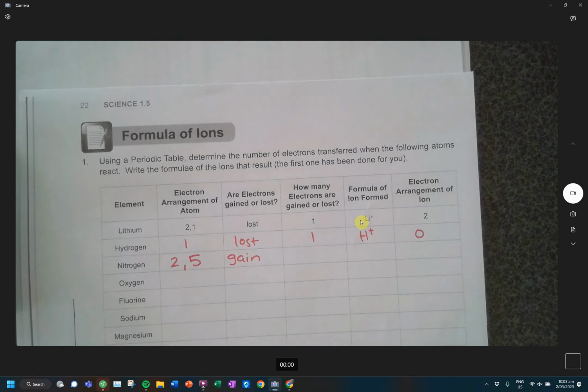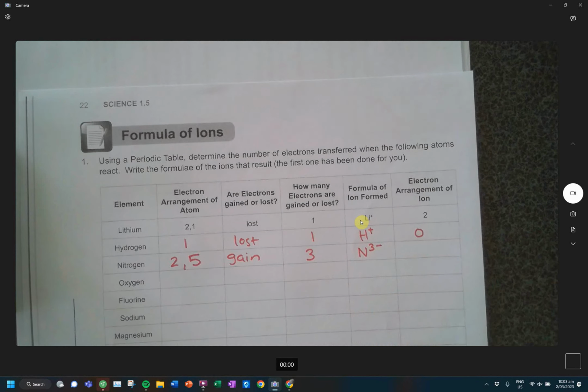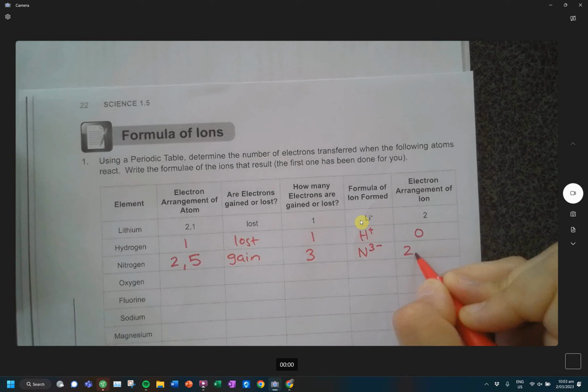How many do I need to gain to get to 8? 3. If I gain 3 electrons, that's 3 negatives, right? So now my nitrogen is 3 minus. And then my electron configuration is now 2, 8.